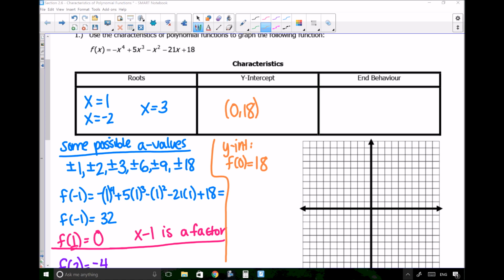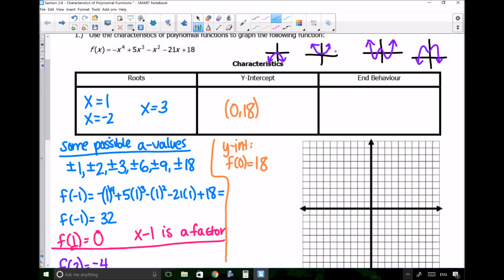Okay? Lastly, my end behavior. We spend a lot of time talking about end behavior. If you remember, if it's x to the power of 4, it could look something like this. This is just a random example. It could look something like this right here. It could also look like a parabola that opens up or opens down.